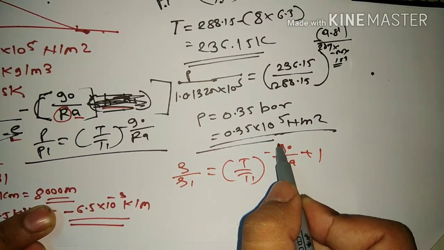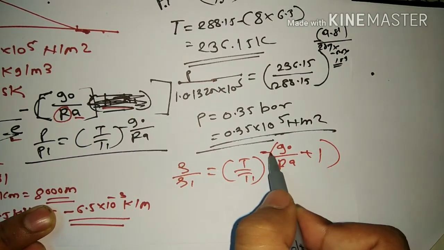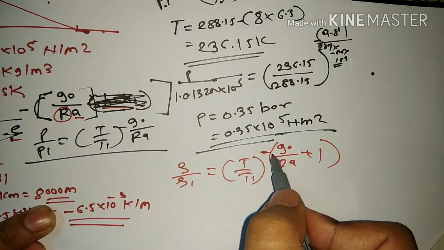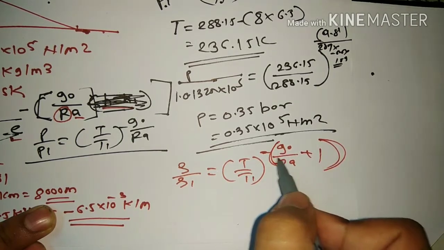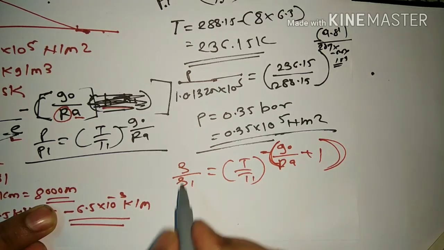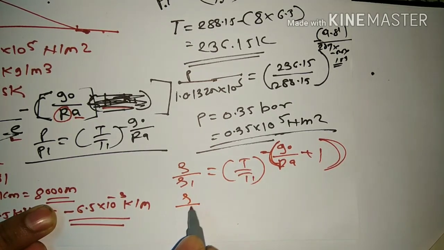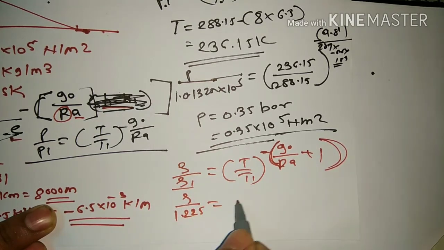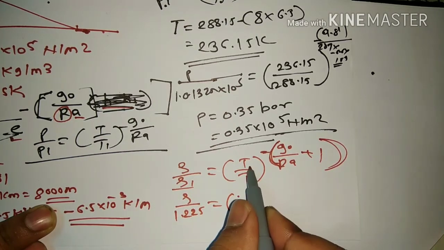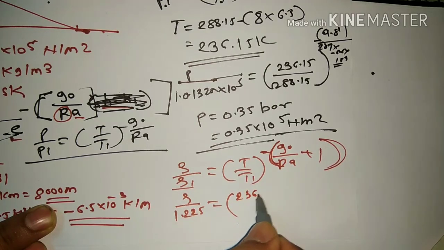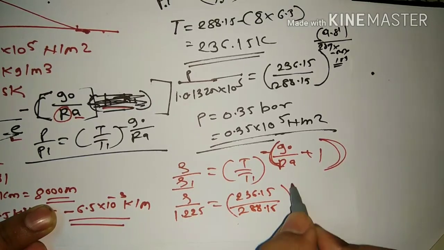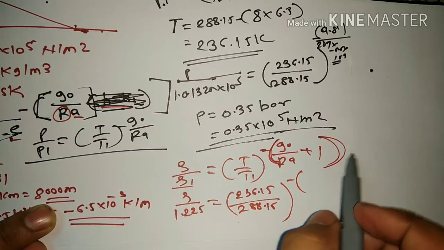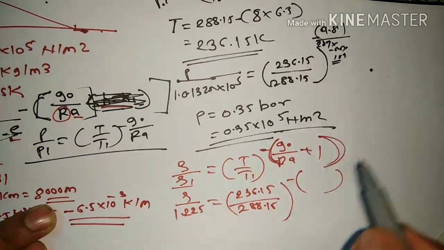This minus sign is outside of the bracket. The reference value of rho 1 will be 1.225, the temperature is 236.15 over 288.15, and the other values are the same as above.